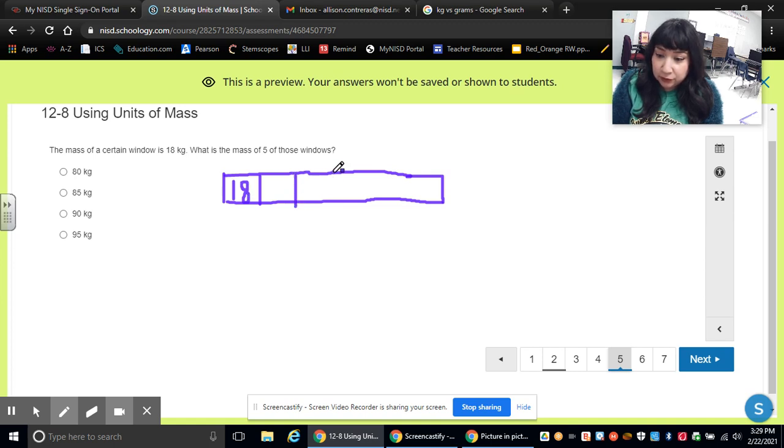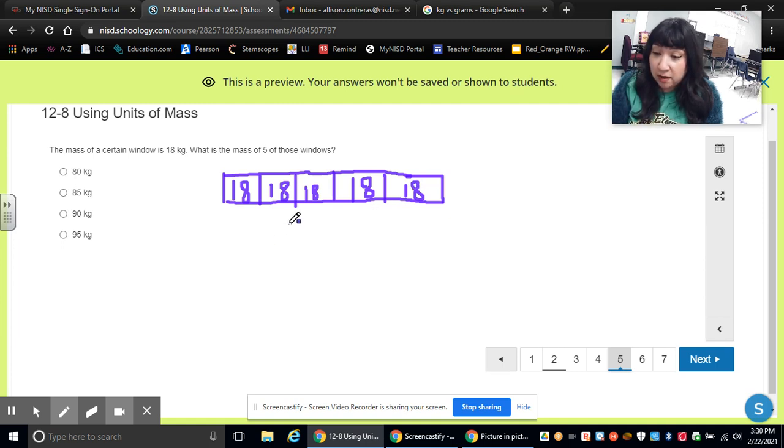They're all going to be the same: 18, 18, 18, 18, 18. What do we have? We have equal groups. We want to put them together.